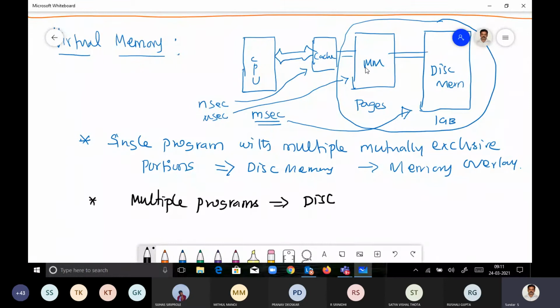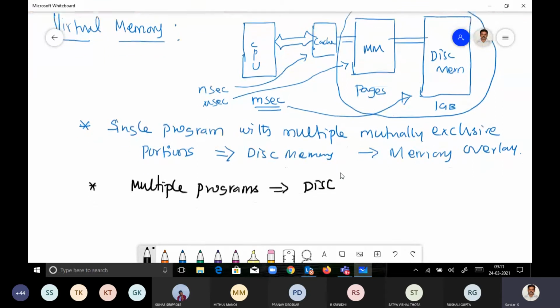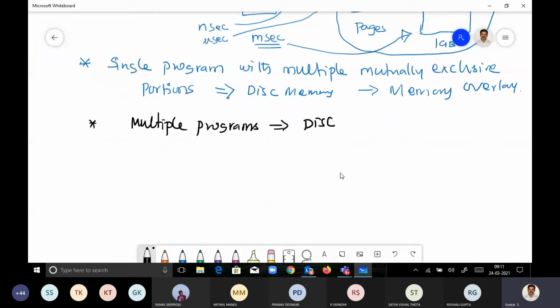These are the concepts used to map content of this to content of this, that we discussed already. Now we are going to discuss how the transfer is happening between these two. This is the virtual memory concept. Now let us go to the virtual memory topic proper.